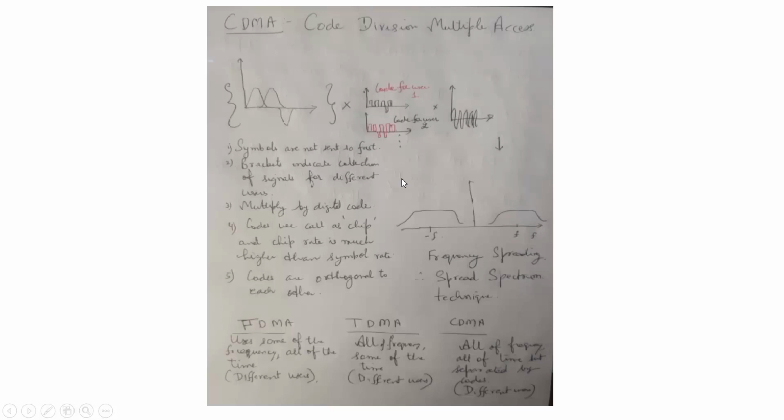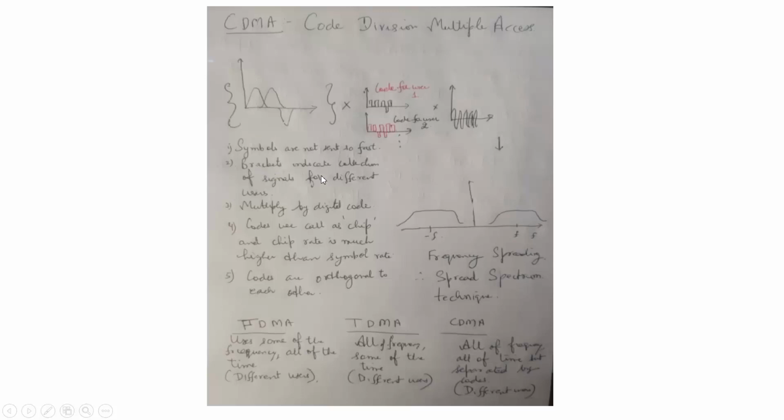As was the case in TDMA. So symbols are not sent too fast. Here the point is how it is different from TDMA. In TDMA, the symbols were being sent at a faster rate. Now the symbols are not being sent so fast. That's the number one difference between CDMA and TDMA.